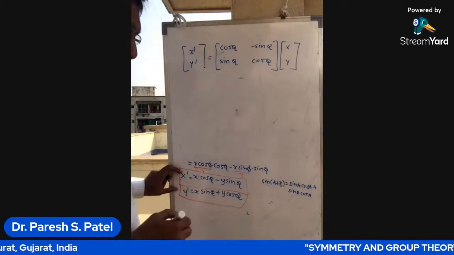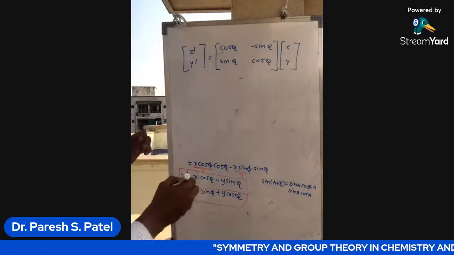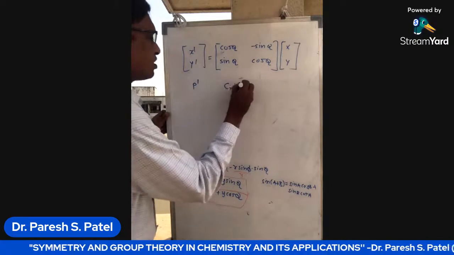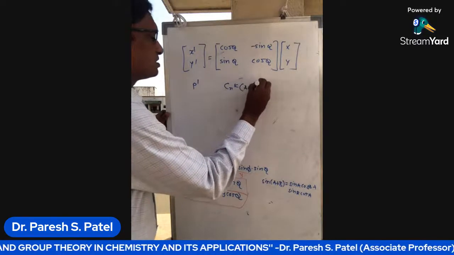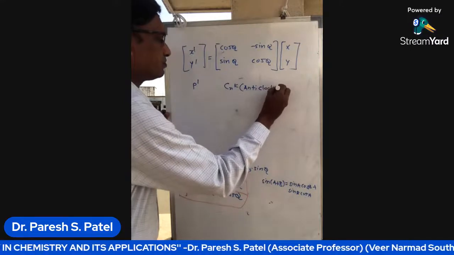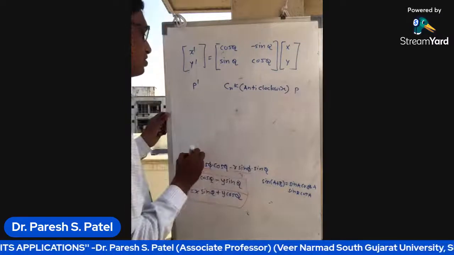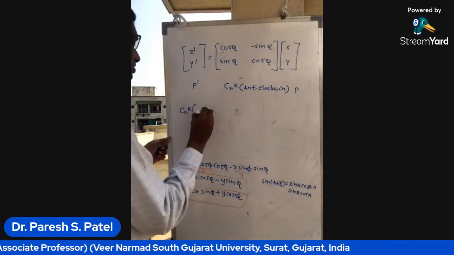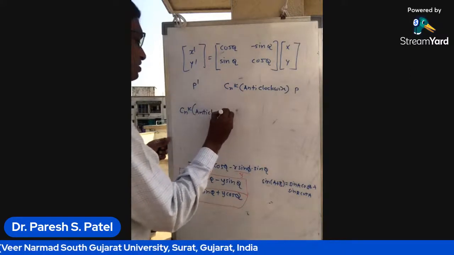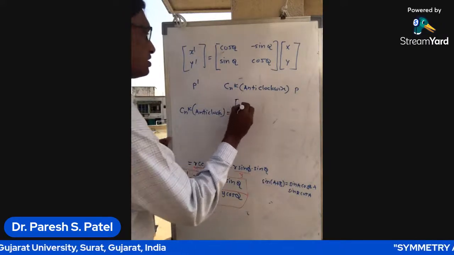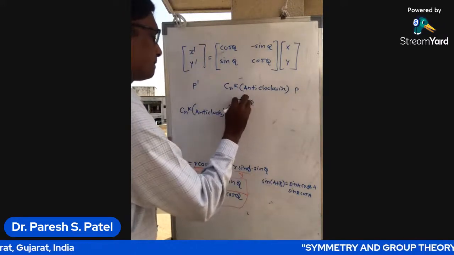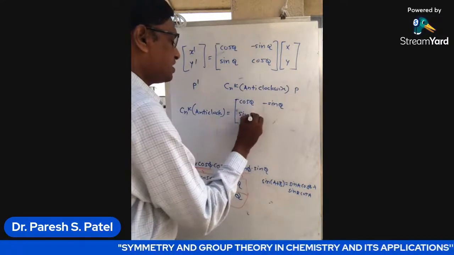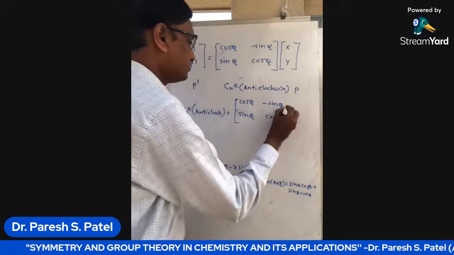So this is P dash, this is C_k anti-clockwise, and P, where C_k anti-clockwise rotation is the matrix cos theta, minus sin theta, sin theta, cos theta.